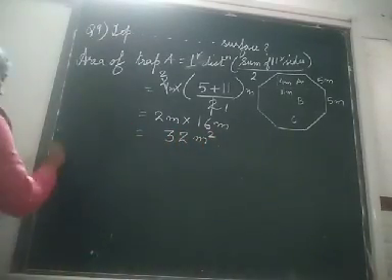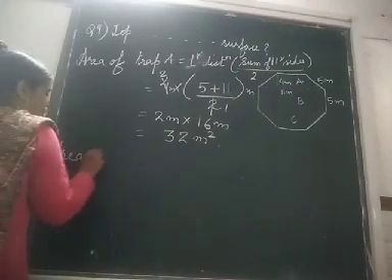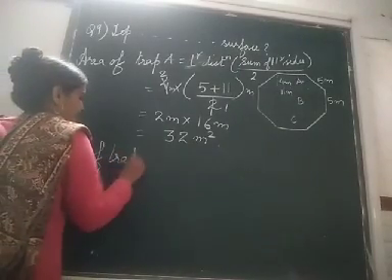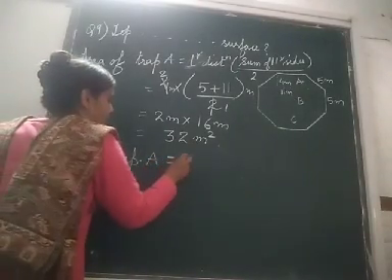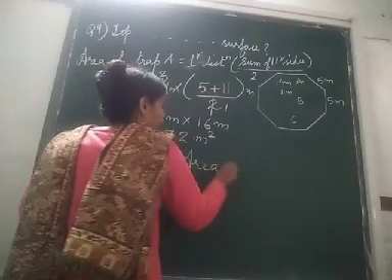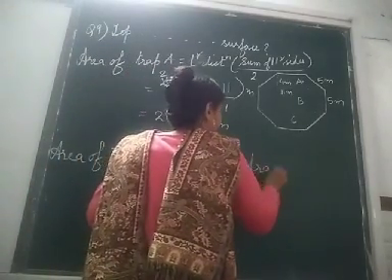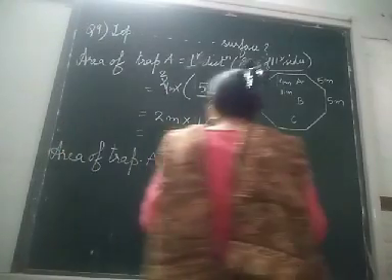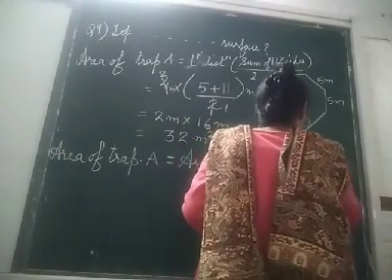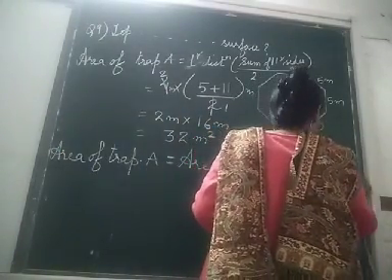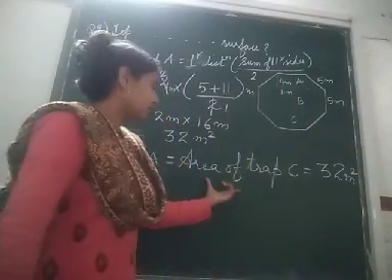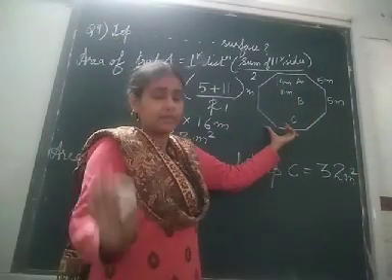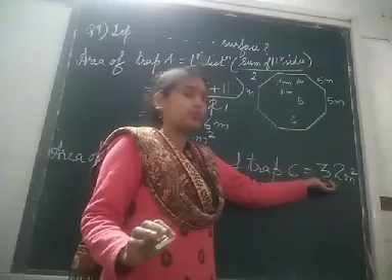So now area of trapezium A is equal to area of trapezium C. It's a regular octagon, you can see and you can make out. So area of trapezium C is also 32 meters square.